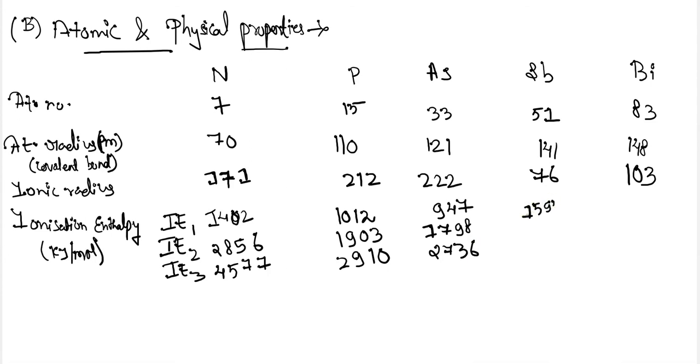For antimony, 834 first ionization enthalpy, 1595, 2443. For bismuth the first is very much lower, that is 703, then 1610, but the second ionization enthalpy is more than that of antimony, and the third is also higher than that of antimony.